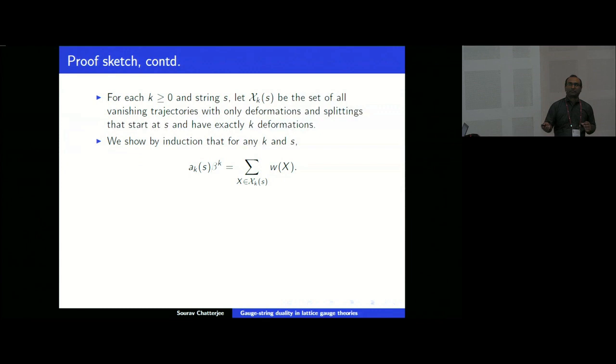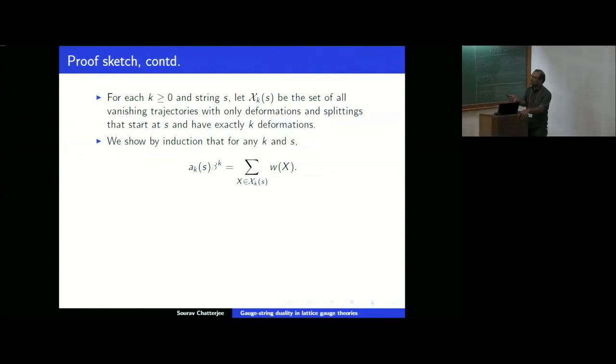Here, the sum is not over all vanishing trajectories, but over vanishing trajectories with only deformations and splittings, which have exactly k deformations. So this is actually only a finite number of trajectories.